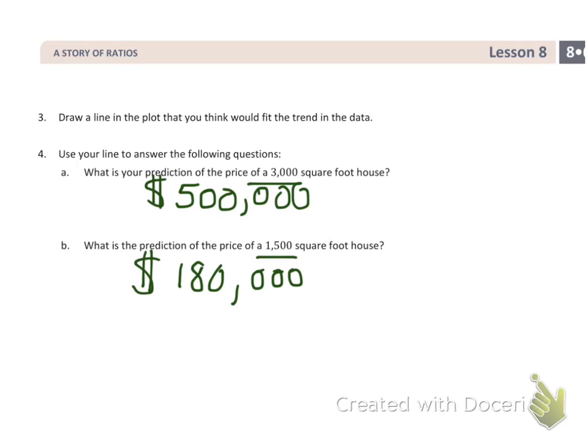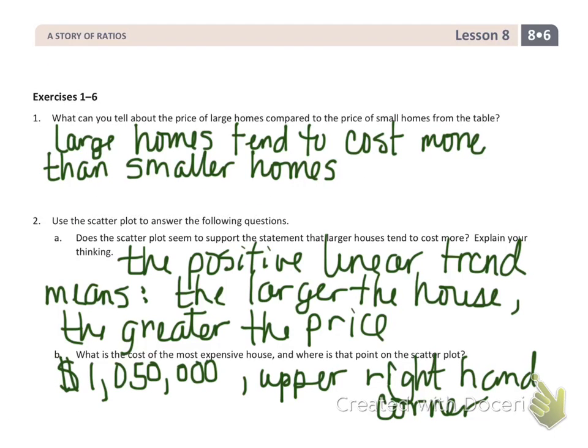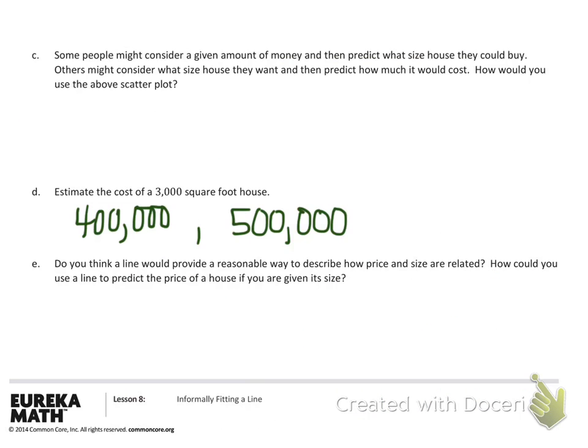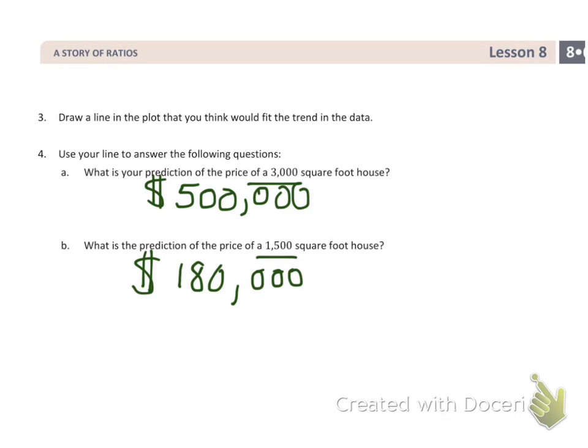Now it's likely that you got different predictions from what I got, and that's fine. Hopefully they're somewhere in range. But we use kind of a ballpark method for fitting a line. And like I said, you're not going to learn a real strict method for fitting a line like you will in a high school math course.